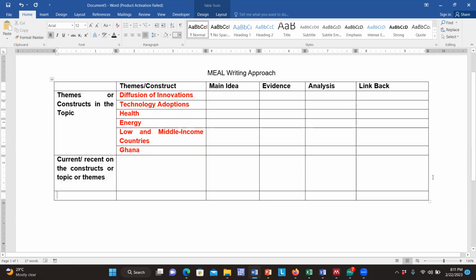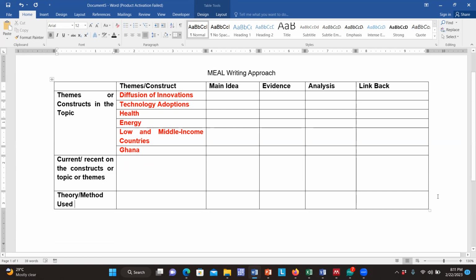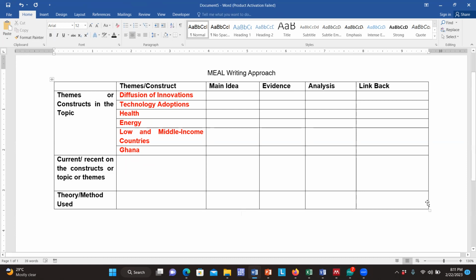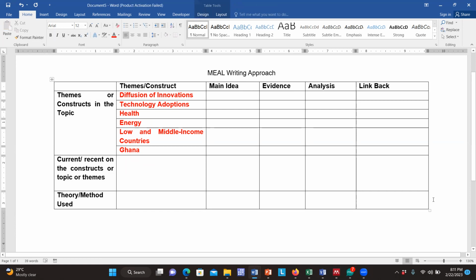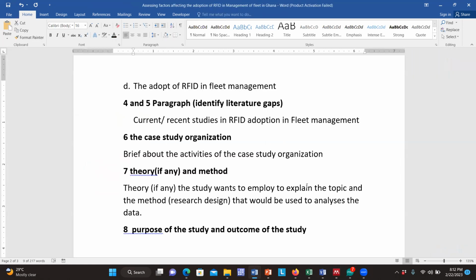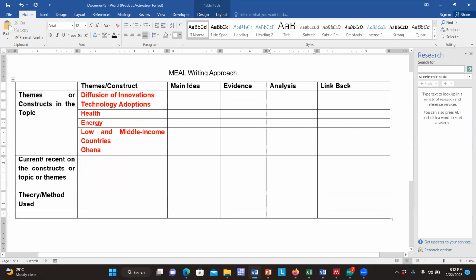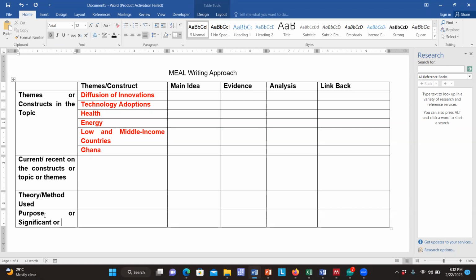And then here was the theory, if any, or method. You guys remember method used? We are talking about the introduction. And then we said that the purpose or significance or justification of the study.